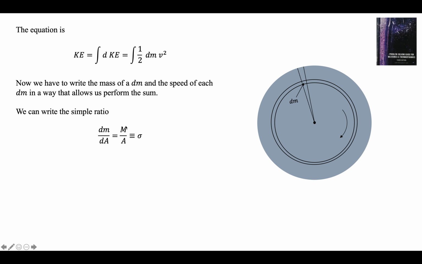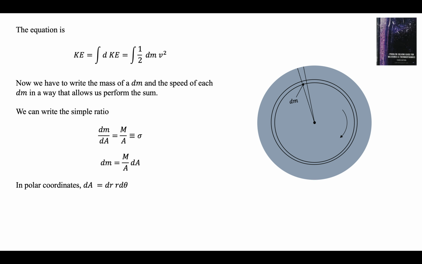The mass of the whole thing, big M, divided by the area of the whole thing, that's the density, which is conventionally called sigma for areal density, mass per unit area. And that's the same as dm over dA, where dA is the area of this piece right here. That's the density, mass over area. It's constant. It's a uniform disk.